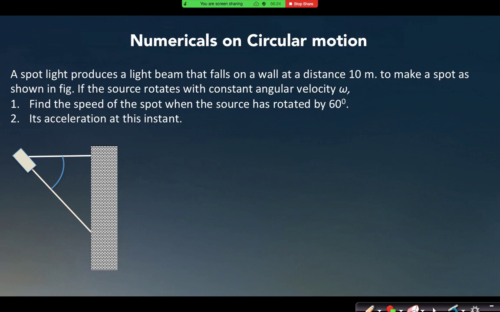The similar type of question is here. Can you just take a few minutes to solve this one? Let us assume this distance is y. Right? This distance is y. And this angle is theta.